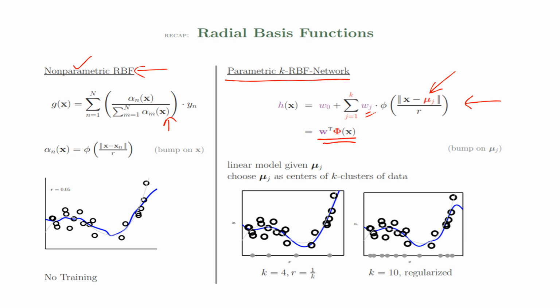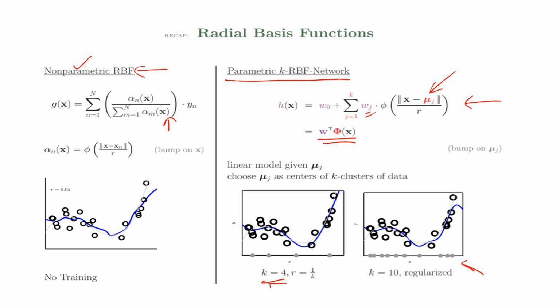And then finally, we looked at the impact of regularization depending on the value of k. There was a relationship between k and regularization. Here, as you can see, the white one is the target function. The blue one is the fitted one, with k equals 4. So k is the number of clusters, obviously.